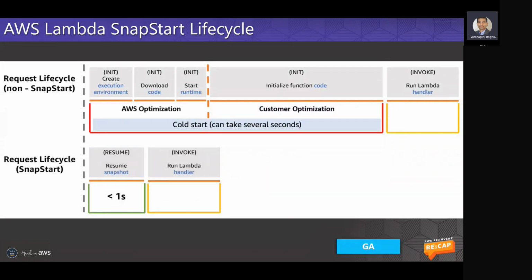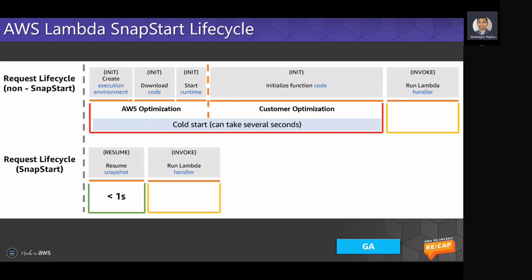So what they have done in very simple terms is, looking at this whole life cycle of initialization, they have picked a point along the way and said, here is where we will freeze this environment and take a snapshot.